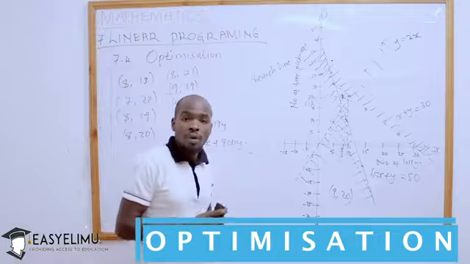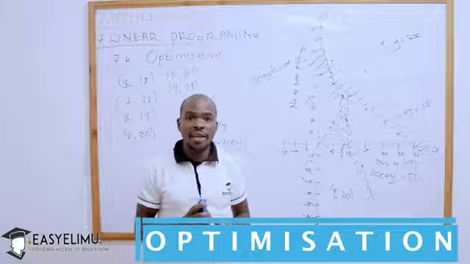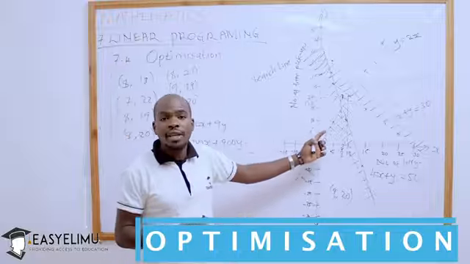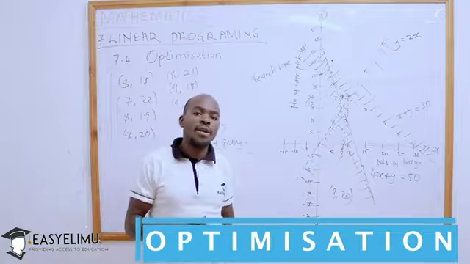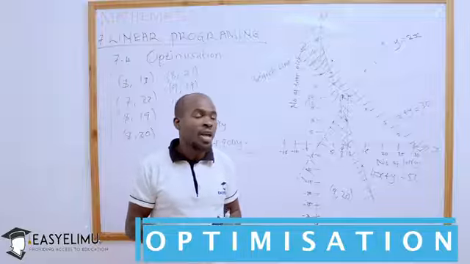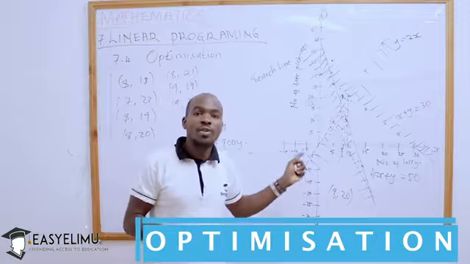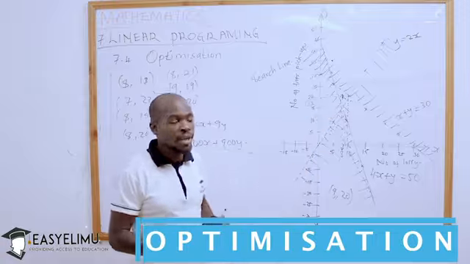So with that, we can come to a conclusion of optimization and say that the process of finding a maximum value or a minimum value is what we refer to as optimization. And the whole process of what we have just done here is what we refer to as linear programming.